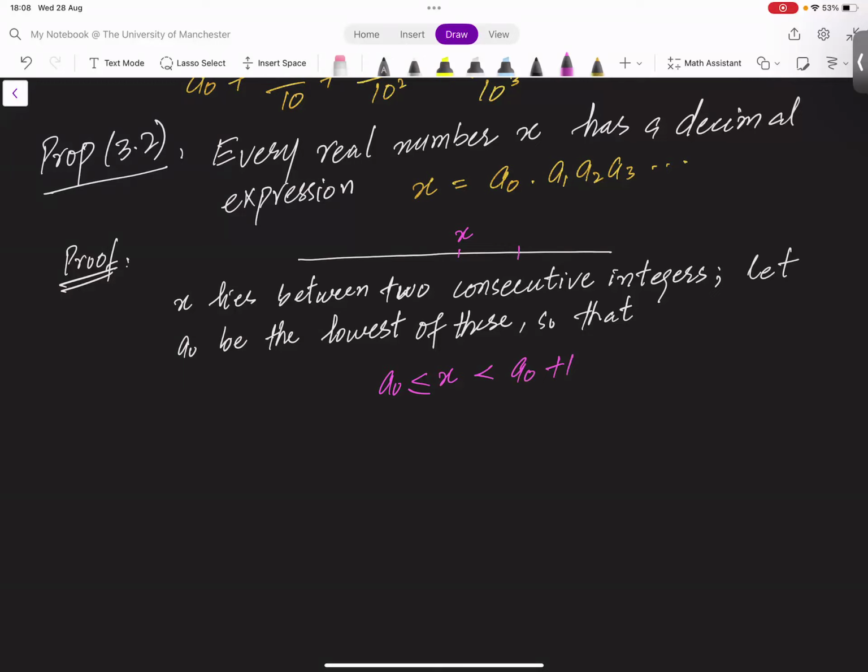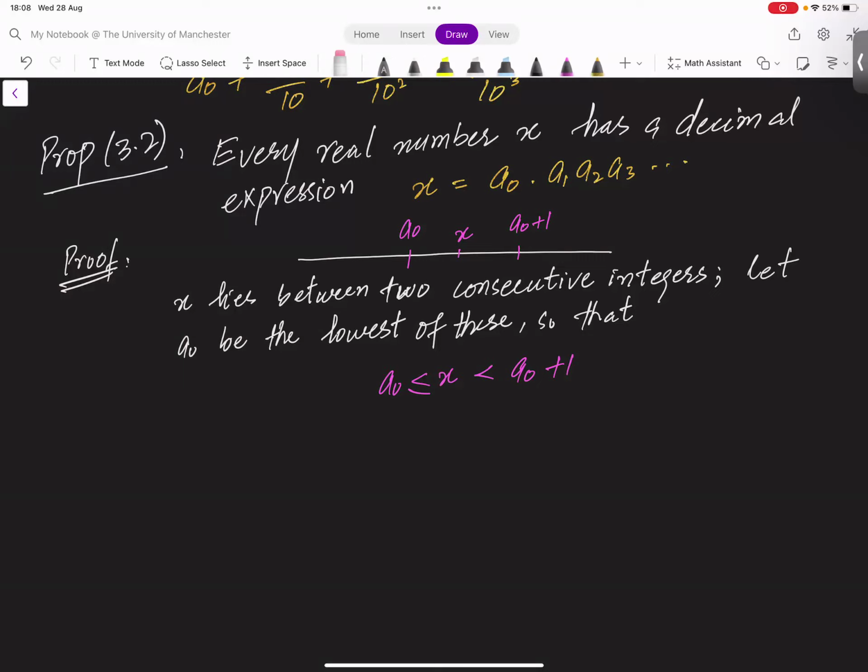So we have a0 plus 1 here, and we have a0 here, and x somewhere in between. Now divide the line between a0 and a0 plus 1 into 10 equal sections.